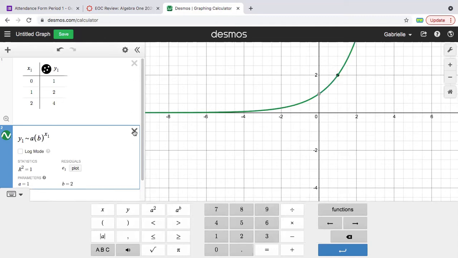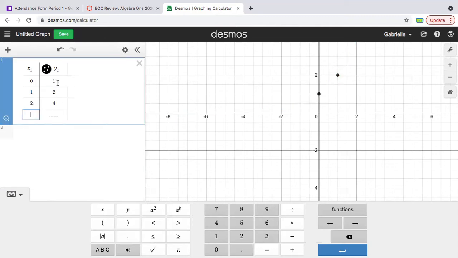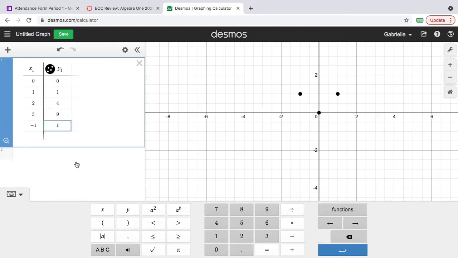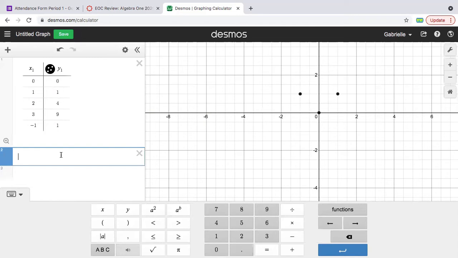Or let's say this was a quadratic. I'm just putting random points here, and I want it to give me the quadratic formula: y equals ax squared plus bx plus c.